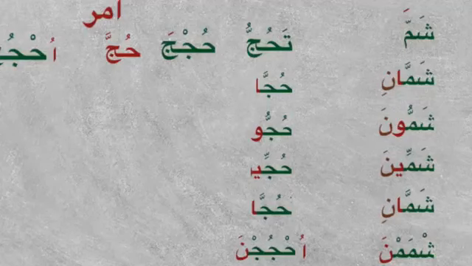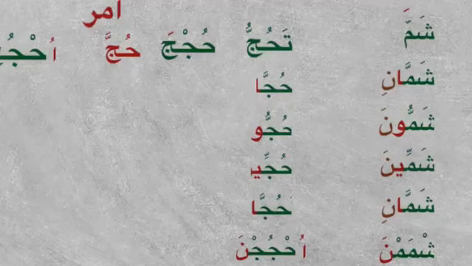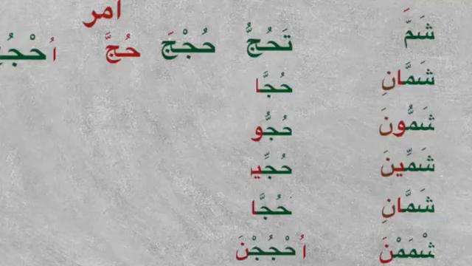But how do we describe it in grammatical terms? Shamma is fi'lu amrin mabni. Fi'l amr is always mabni ala sukun in anta. Here we cannot see the sukun, but we know there is a sukun. So we say fi'l amr mabni ala sukunil muqaddar. The sukun is muqaddar, it is not fatha. Fatha is just temporary.